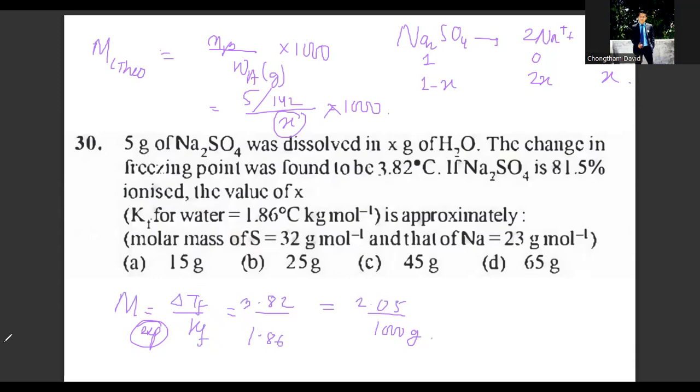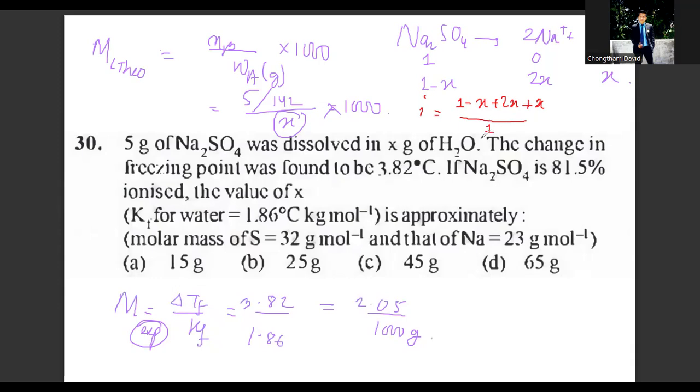Let me change the color so that we can sharply distinguish. I'll write in blue and red color. So the Van't Hoff factor, as you know, is the number of moles after dissociation with respect to the initial moles before dissociation, divided by 1.